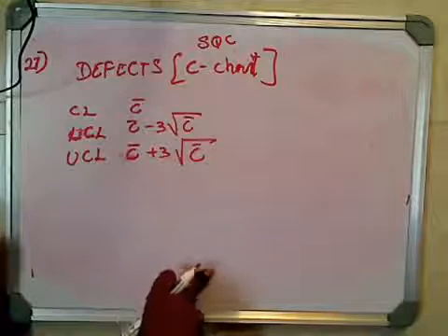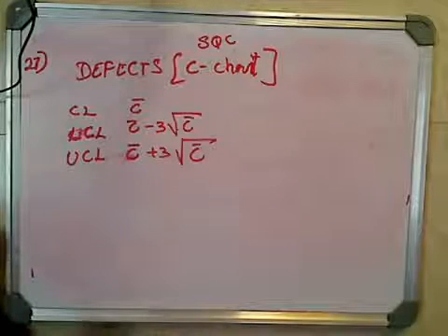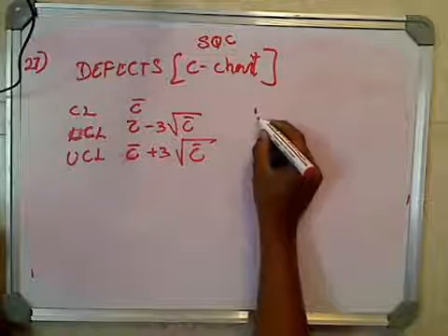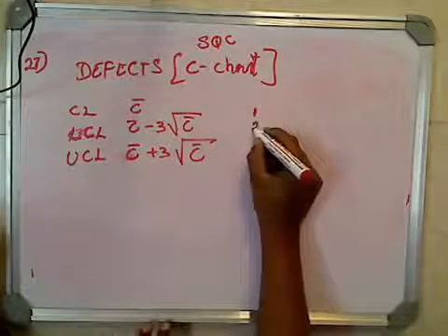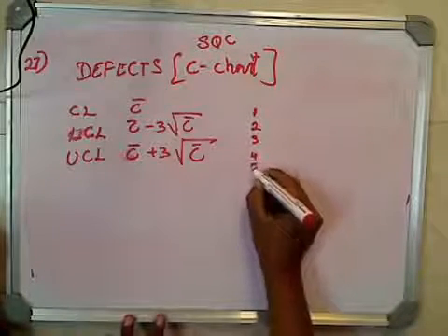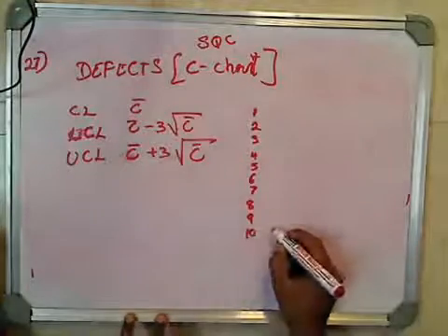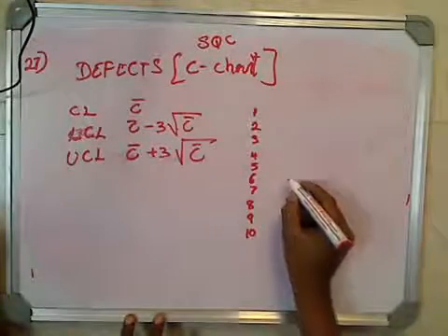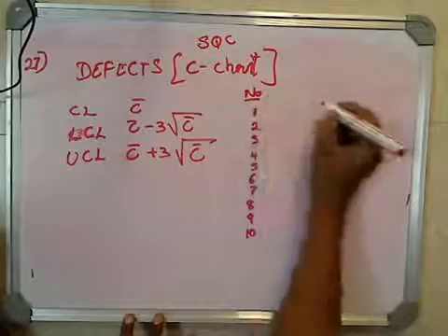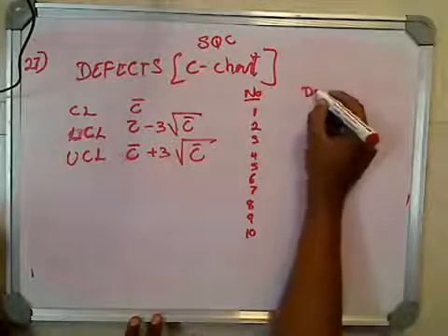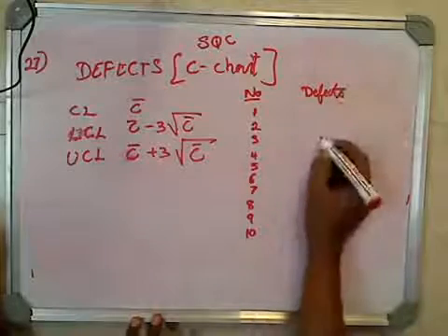Firstly, look at the different values that have been given here, the various chassis numbers, chassis 1, 2, 3, 4, 5, 6, 7, 8, 9, and 10. The various values for these have already been mentioned. This is the chassis number, and this would be the defects in each.